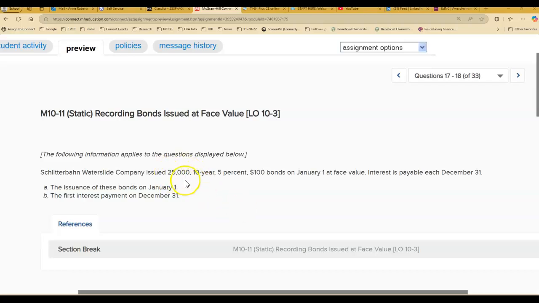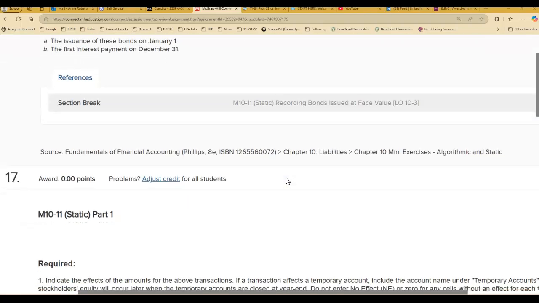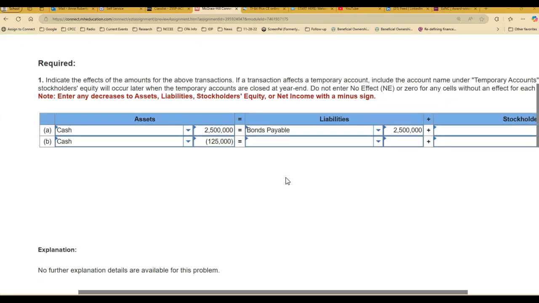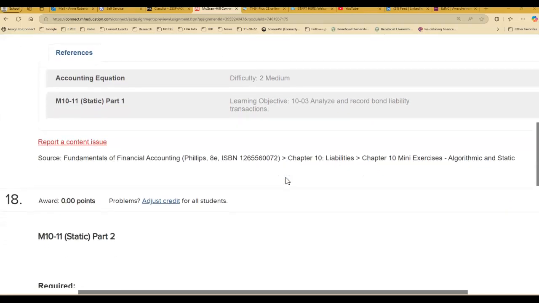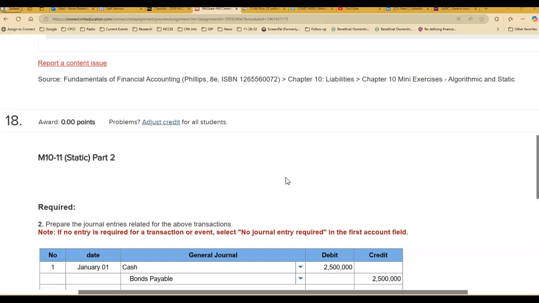That's simply the 25,000 bonds times the $100 per bond. So when we issue those bonds, we're getting 2.5 million, okay? So we're collecting the cash and we're recording the bond payable. That's as easy as it gets when you're talking about bonds.